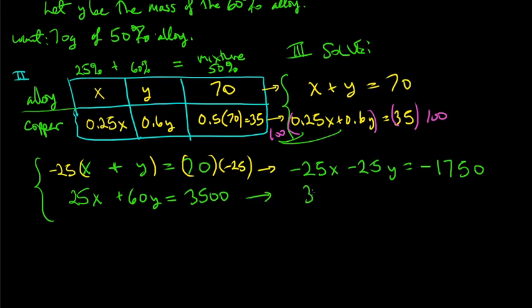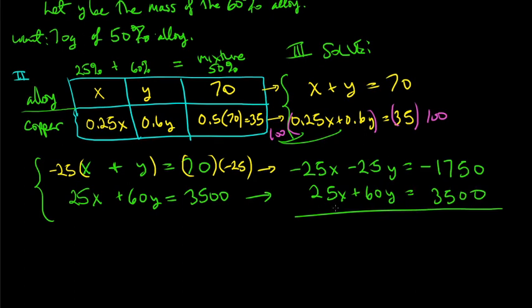The bottom equation we can leave alone. That's 25x plus 60y equals 3,500. Add the two equations together to eliminate x. So 0x, and then 60 minus 25 is 35. So 35y equals, I think it's just positive 1,750, because 1,750 doubled is 3,500. Okay, so I think that's right.